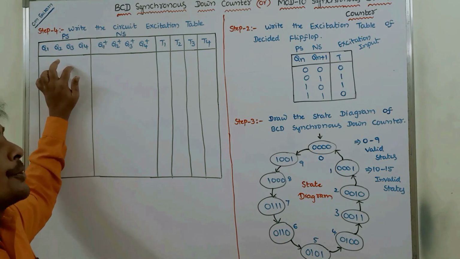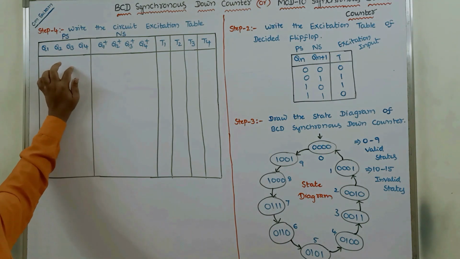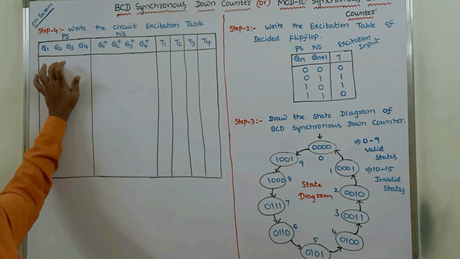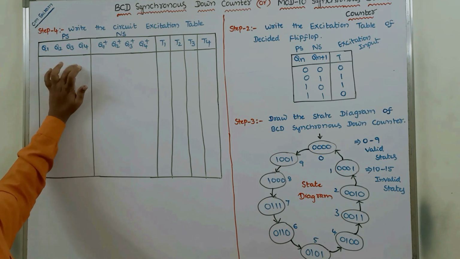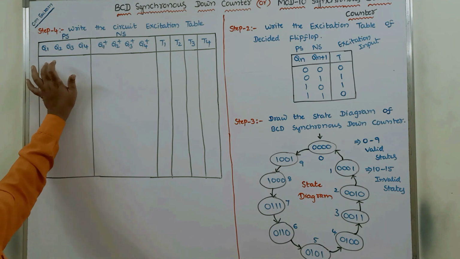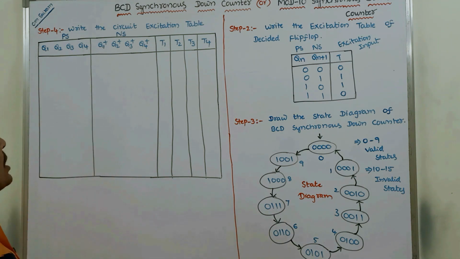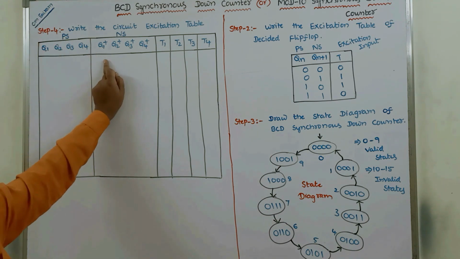So the 4 bits present in each and every state can be represented as present state bits, that are Q1, Q2, Q3, Q4. Q1 is the MSB and Q4 is the LSB. For Q1, the next state is Q1 plus.